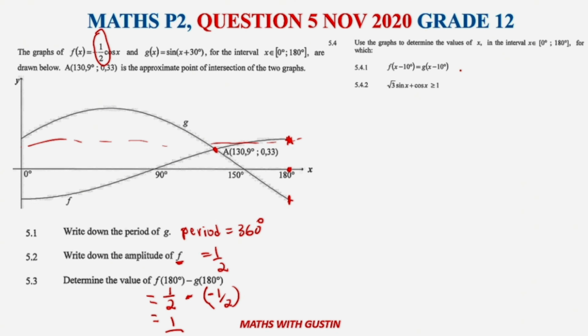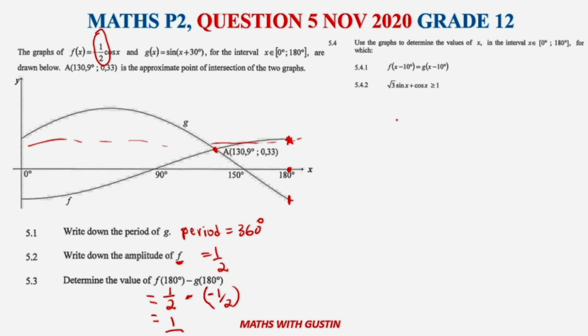Now let's move to 5.4. Using the graph, determine the value of x for which f of x minus 10 and g of x minus 10 are equal. Where are they equal, guys? We all know they are equal right here at this point of intersection.